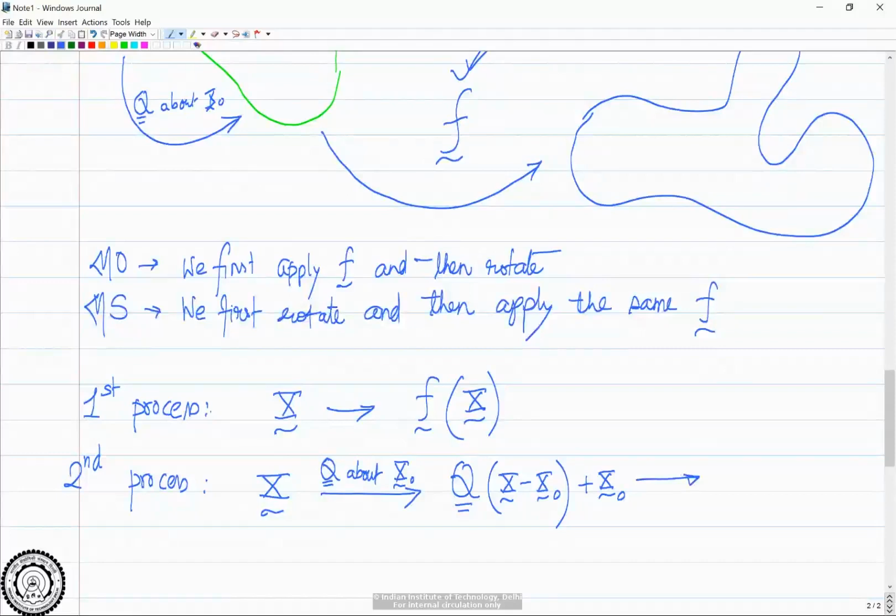So the point big X, which has now moved to another location, shown by this thing here, will now undergo that F. F will now be applied to this new location.